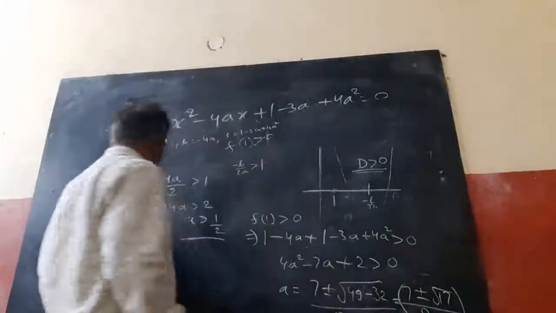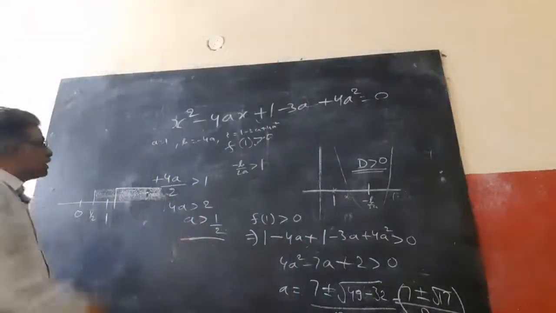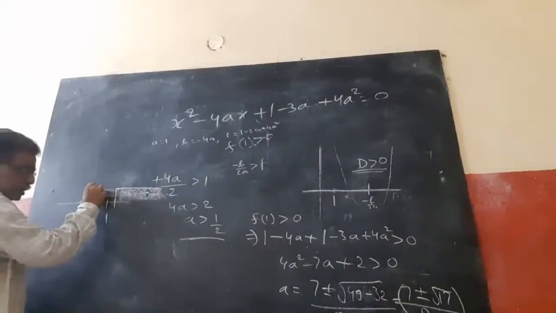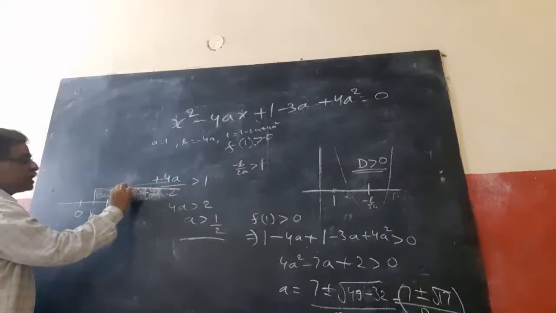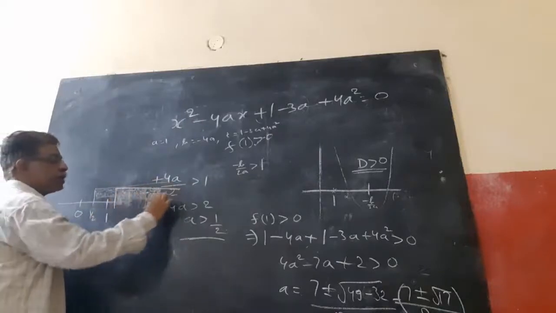So finally the result, the combination of the two: this is more than 1 by 2, and this is more than 1 point something. So the intersection of the two is this part.